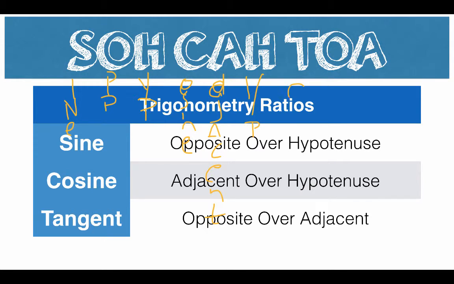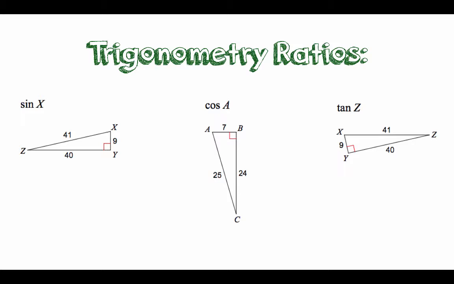And then we see the tangent, all right, opposite over adjacent. All right, and that's just a simple way for us to remember how to go about solving these. So here are 3 problems I want you guys to pause and practice on your own, and I'm going to go over each one in just a moment.